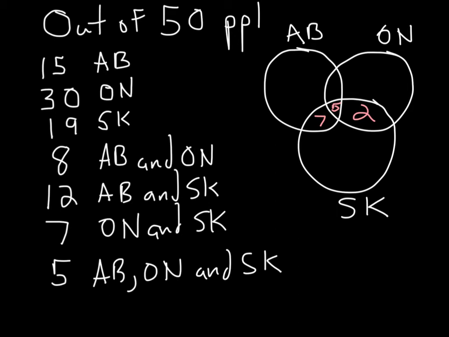We already have 5, so there must be 3 people that have been to Alberta and Ontario and not Saskatchewan. And you can look at it in set notation. You could say it is Alberta intersect Ontario set minus Saskatchewan, like we did in the earlier slide. So, all right, let's keep going.